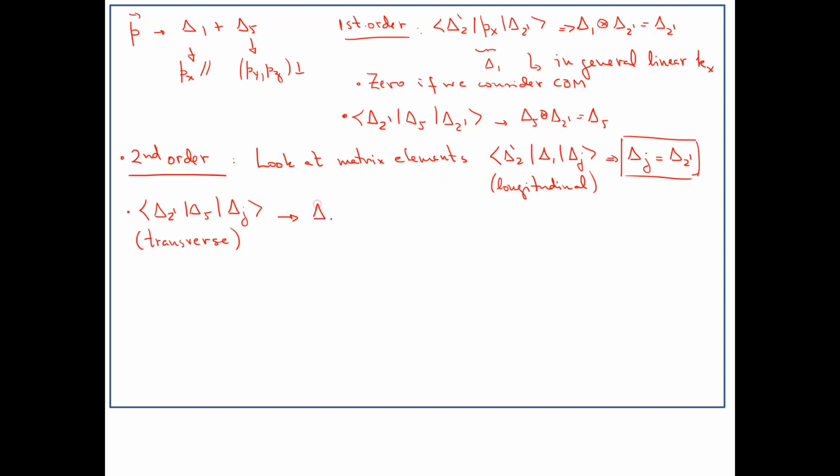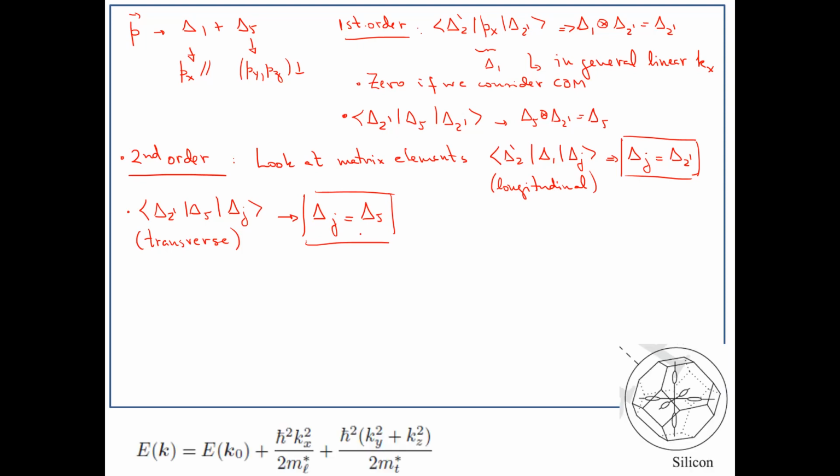So in this case, we arrive at the conclusion that the intermediate states must have delta 5 symmetry. So only states with delta 2 prime and delta 5 symmetry are going to couple with the minimum of the conduction band, delta 2 prime. Okay? And you can see already that we are probably going to have, because of that, different masses along the longitudinal and the transverse direction. And this is precisely what happens.